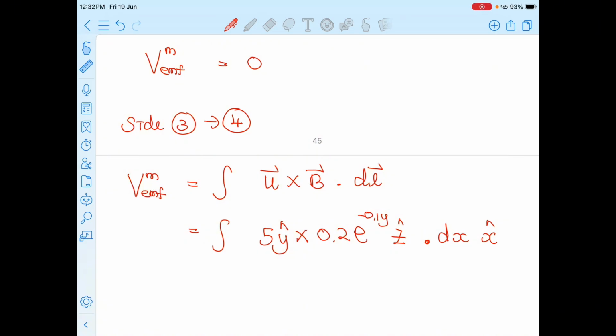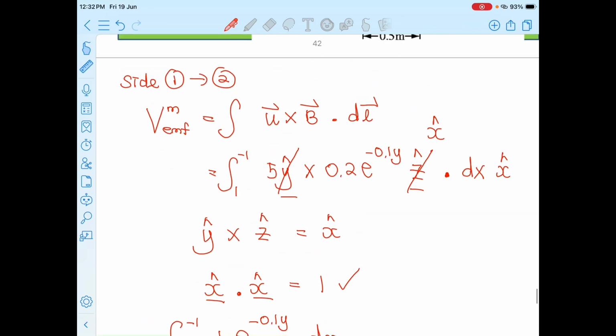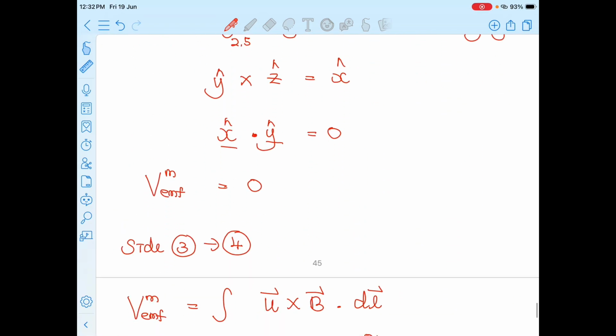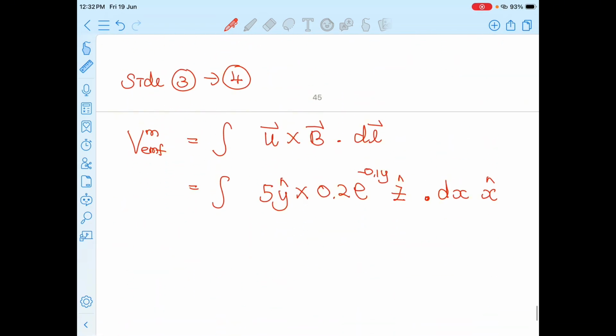For the interval, look at how the current flows: from 4 to 3, so it's from -1 to 1.